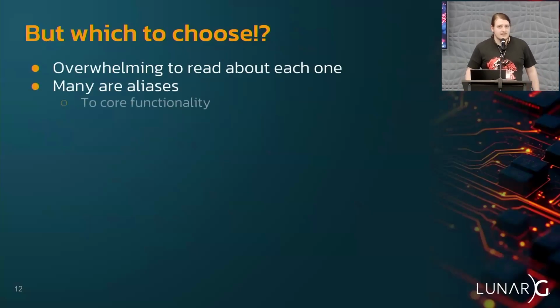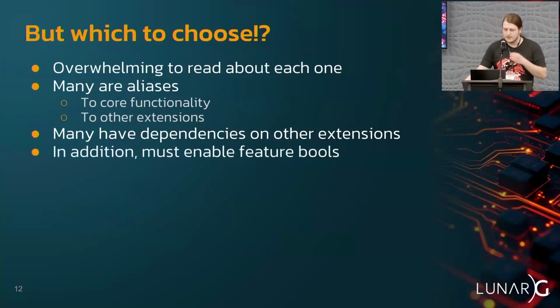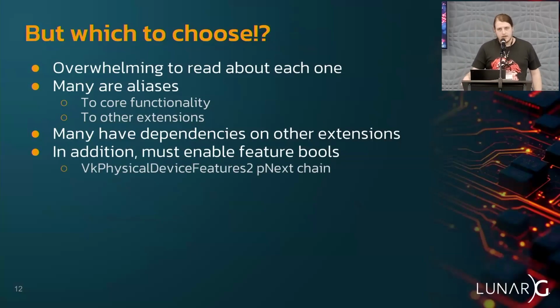Some of them are aliases to core functions. I did mention that. But some are just aliases to other extensions as we move things around, update them. Some have dependencies on other extensions. So if you wanted to use this extension, actually, you'd also need to use this one. That's an annoyance. Whenever you use an extension, there are feature booleans you often have to enable.